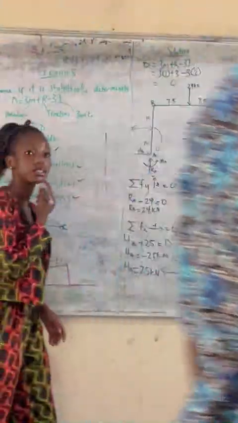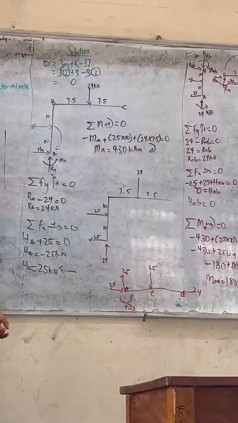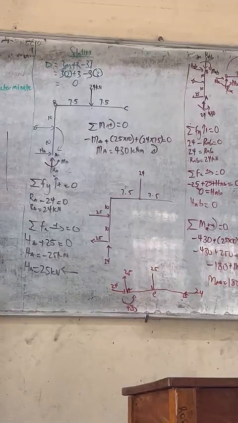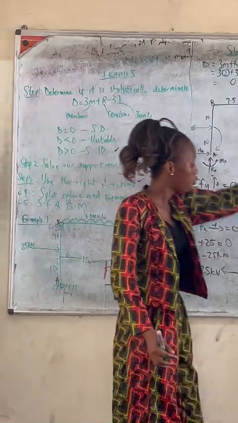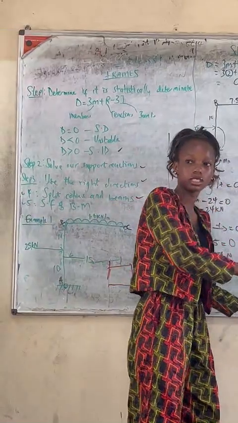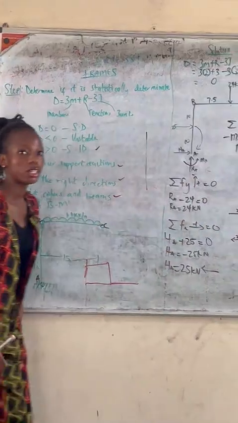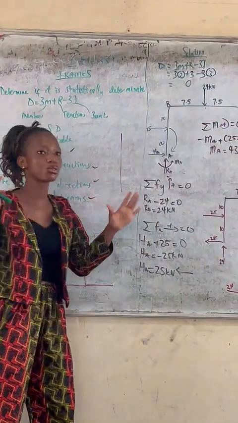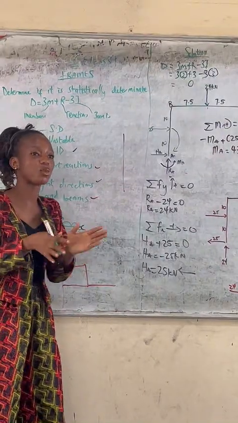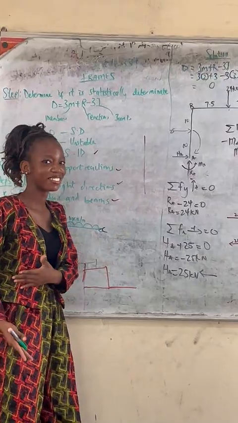Now, if you look at this, this is for the column. I'm doing the column, not the beam now. I already said, for the easy shear, tilt it. I want to draw a shear diagram without calculating the shear.